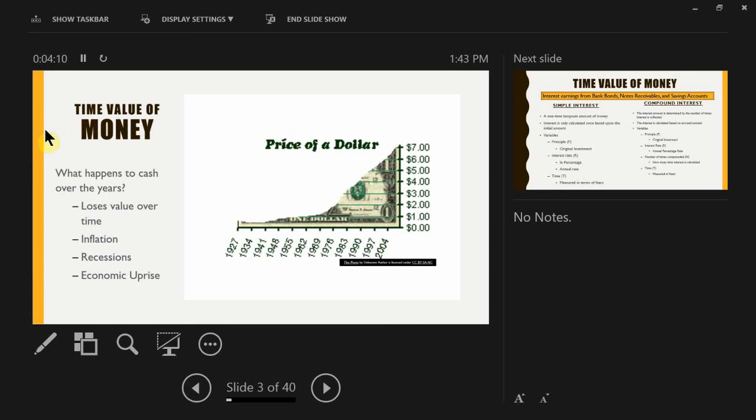Okay, so again, what happens to money over the years? It changes its value. And of course, $1 is not the same value as it was 10 years ago.